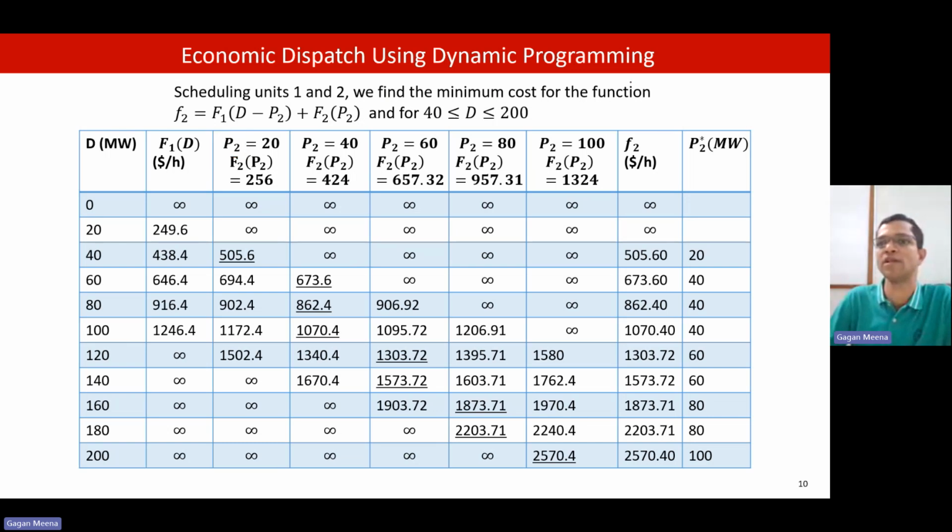All these generators we have seen vary from 20 to 100 at a load step of 20 megawatts. Therefore, P2 is 20, 40, 60, 80 and 100 here. And we can calculate the cost using the cost function.